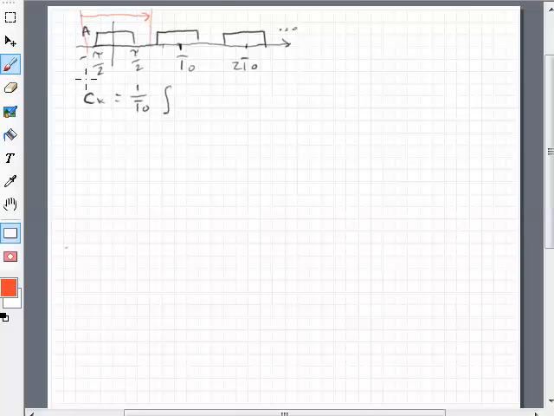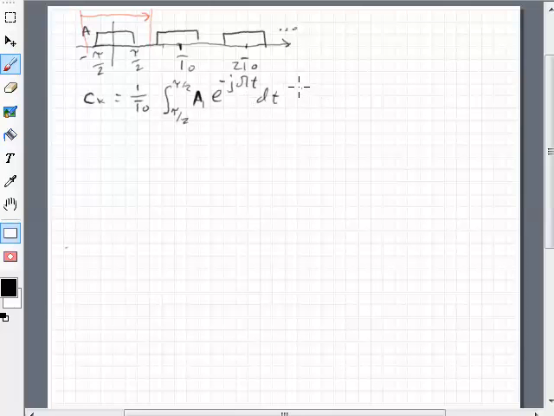Basically from there to there is where I'm going to pick to integrate. And in that range, the only non-zero part is from minus tau over 2 to tau over 2. And within that range, the amplitude is just A. There's nothing funny going on. We've got e to the minus j omega t dt. So there's the analysis equation.